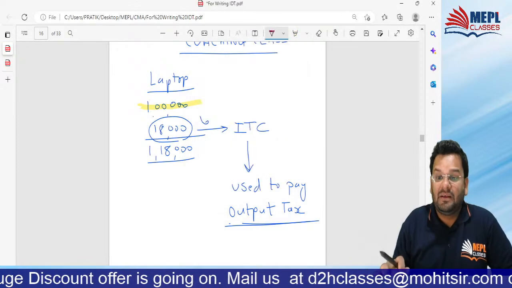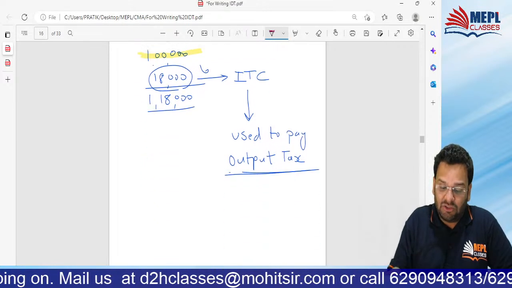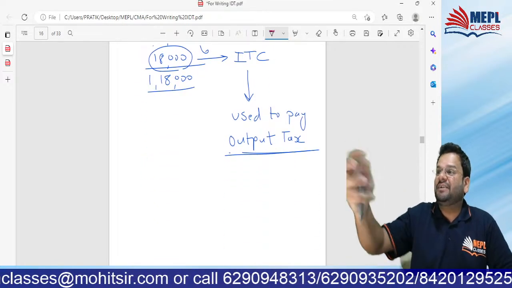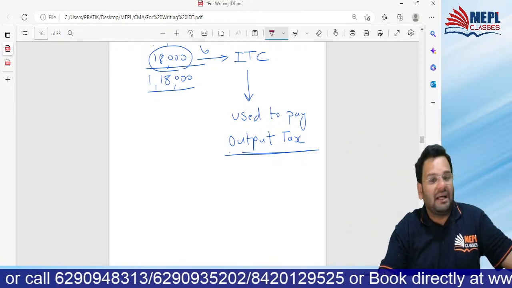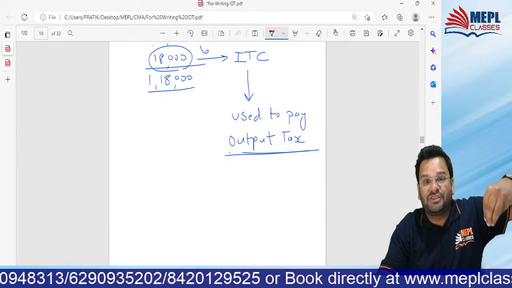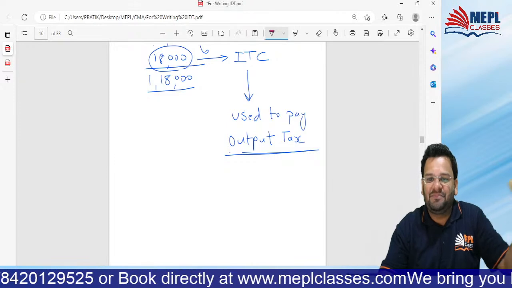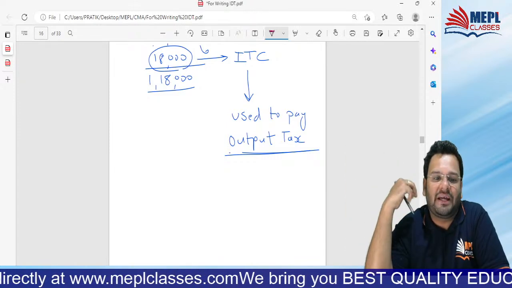So this way there will be no cascading effect, because cross utilization means a service provider is charging output GST, but on the other hand he is purchasing goods, suppose, on which he is again paying input tax. This input tax of GST can be set off against output tax of GST.